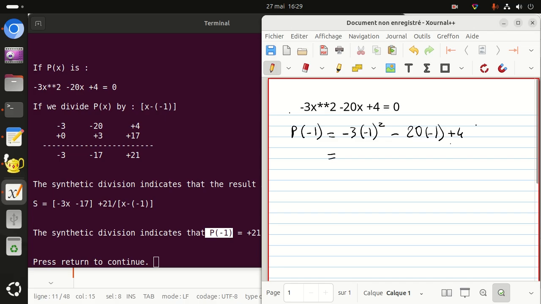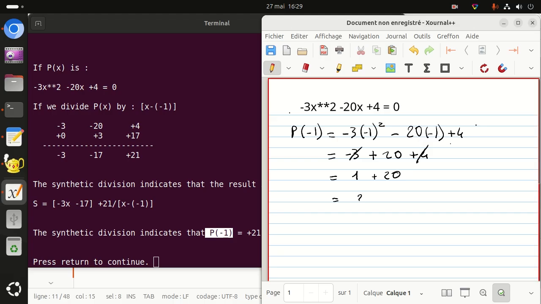Minus 3 times minus 1 square gives minus 3. Minus 20 times minus 1 gives plus 20, plus 4. Minus 3 plus 4 equals 1, plus 20.